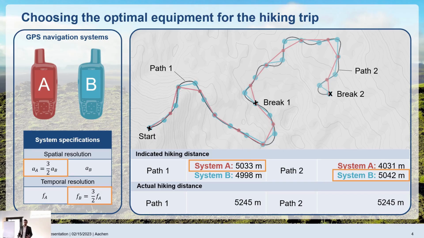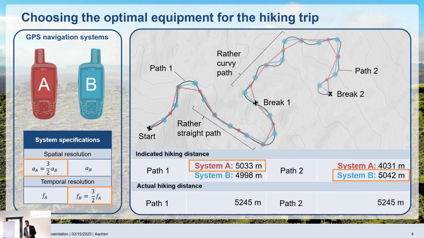So what is the difference here? Maybe besides some random effects in the measurement uncertainty, the main difference here is the shape of the path. On the first part of the path, there's a rather straight path, and on the second part of the path, there's a more curvy path. And that simply explains this phenomenon here.